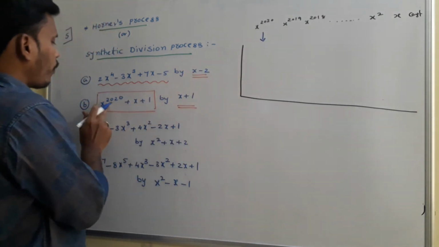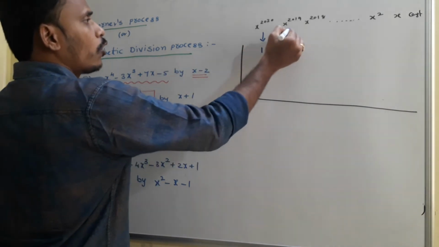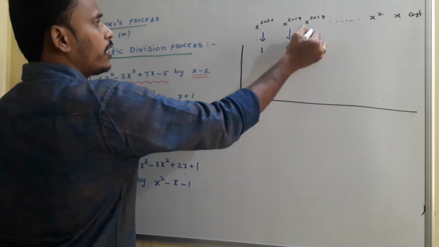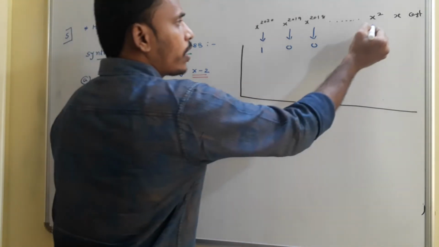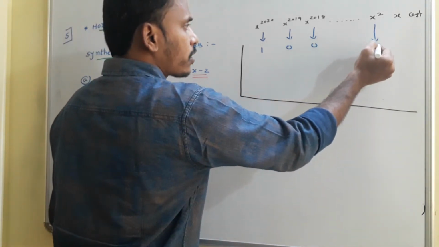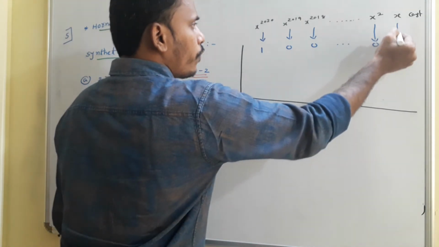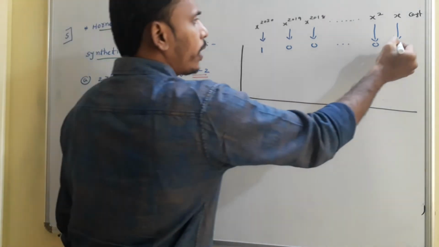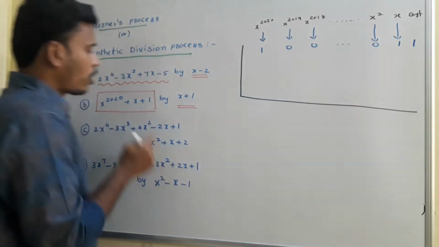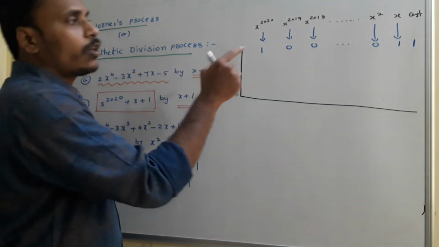Here the coefficient of x power 2020 is 1. Coefficient of x power 2019 is 0. Coefficient of x power 2018 is 0. Likewise, coefficient of x square is again 0. Coefficient of x is 1. Constant is also 1. So these are the coefficients.